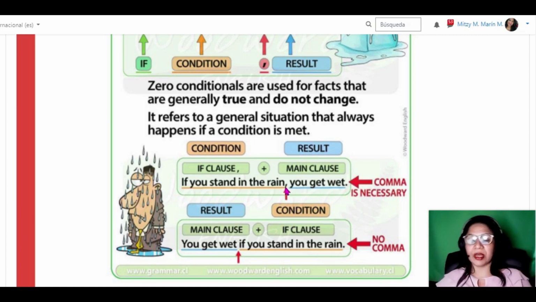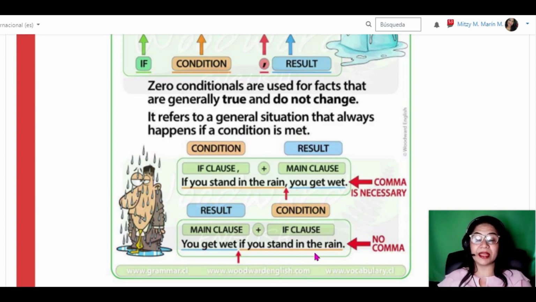If we change the position, with the result, that is the main clause, first: you get wet, we don't need a comma. It is not necessary if you stand in the rain. Then this is the condition of the if clause in the second position.